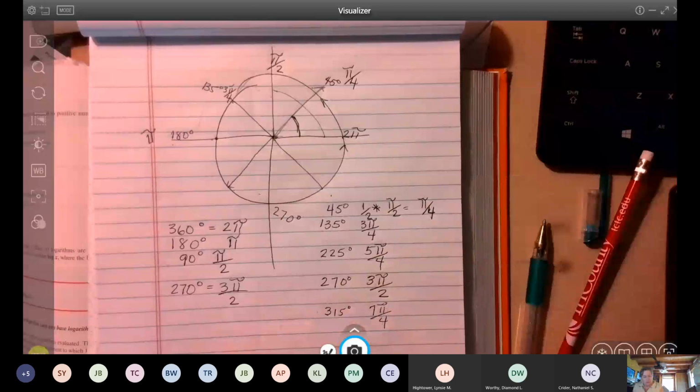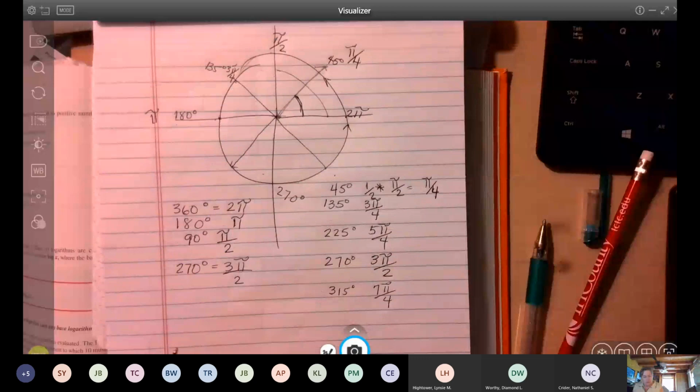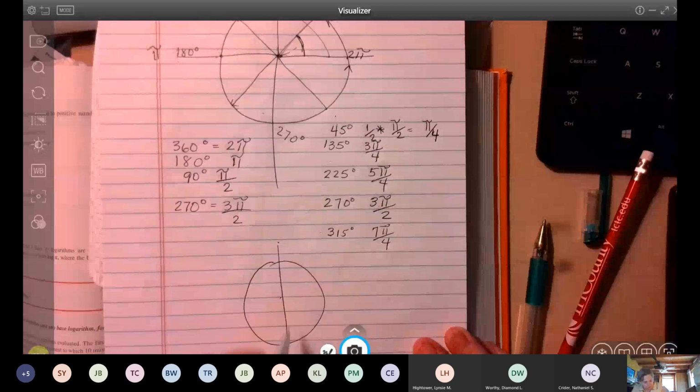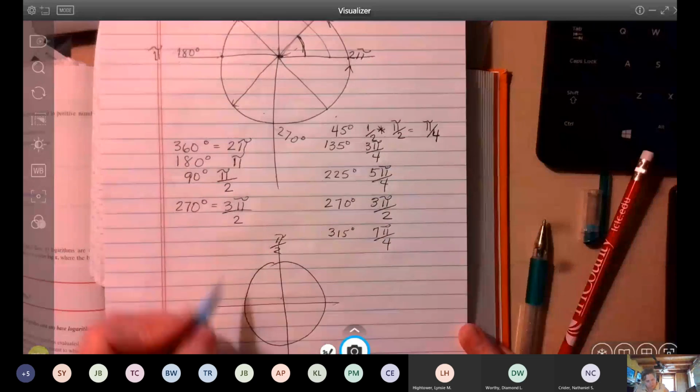Now that's just the start. How are we going to do with our 30 and 60 degrees? So if we look at our, I'm going to draw another circle here, hopefully a little bit better. So if I know I have pi over 2, and this is my pi, 3 pi over 2, and then 2 pi.